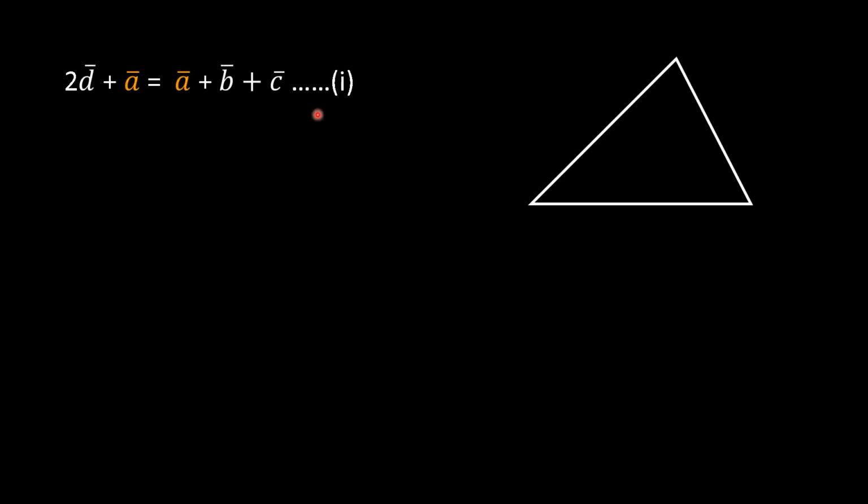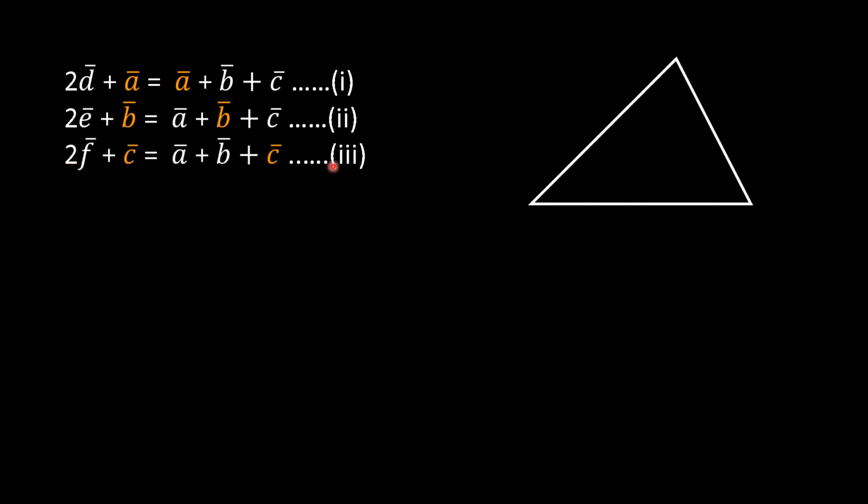We will rewrite these three equations. Equation 1, 2, 3. We observe that the right side of these three equations is same. Therefore, their left sides will also be equal.